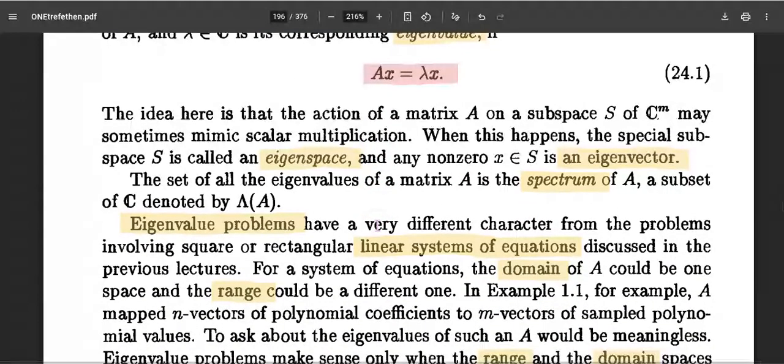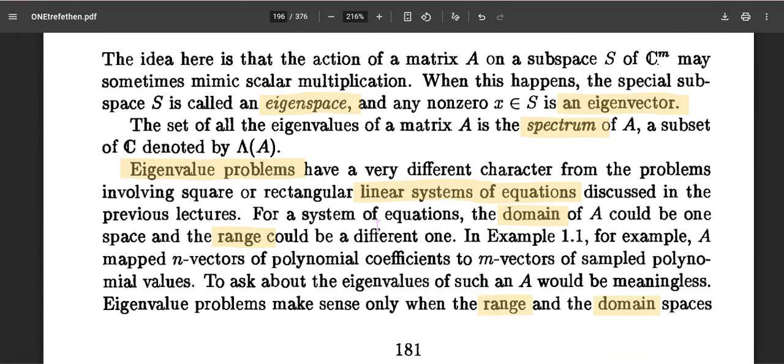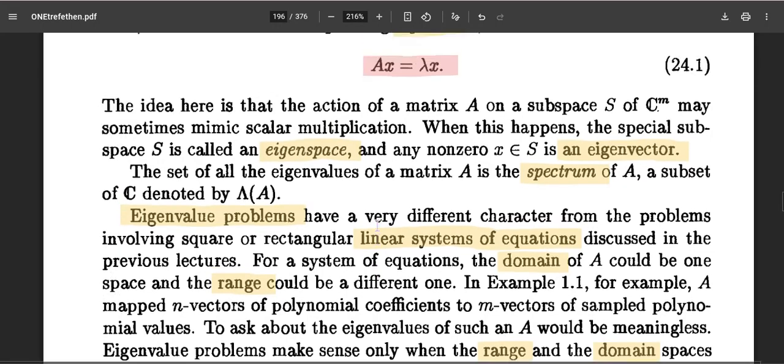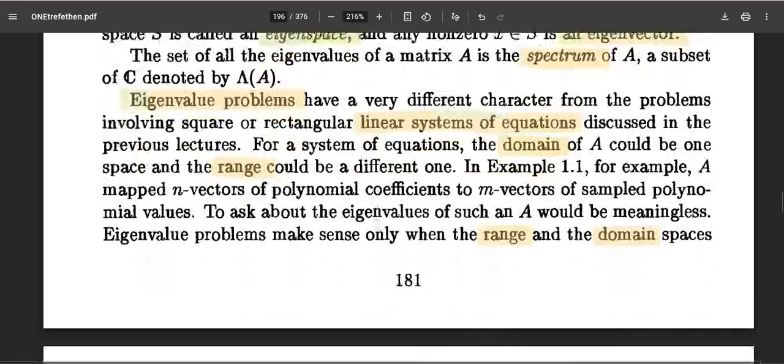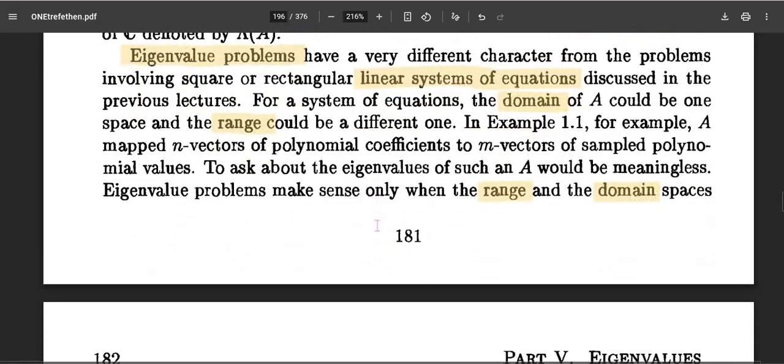So the eigenvalue problem is similar to a linear system of equations that we saw earlier, Ax = b, but there is a fundamental difference. In a linear system of equations, the domain of A is not necessarily the same as the range of A. But in the eigenvalue problem, equation 24.1, the range and domain spaces are the same.